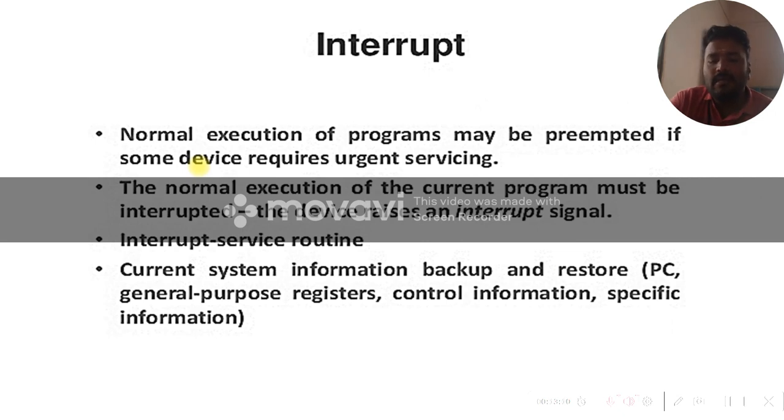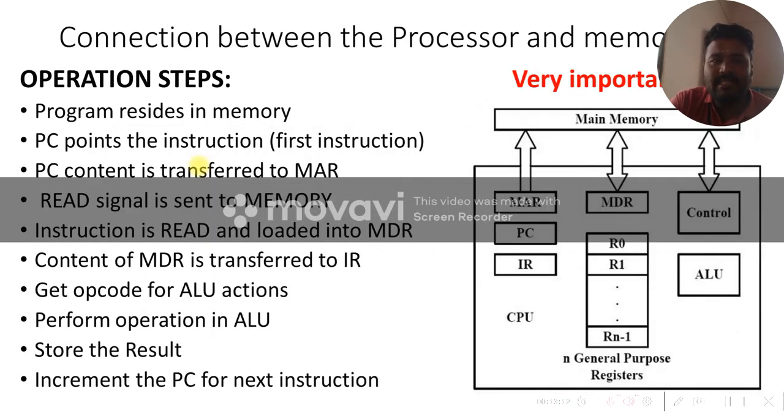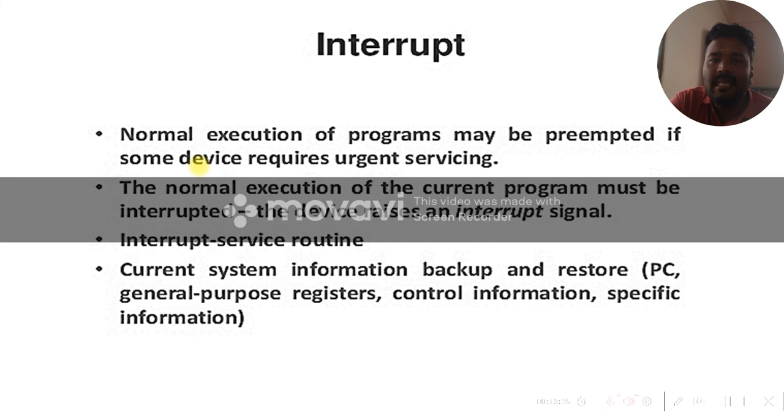Up to this point we have dealt with the connections between different types of registers in correlation with the processor and the main memory. This is all about the basic operational concepts carried out in a computer architecture.